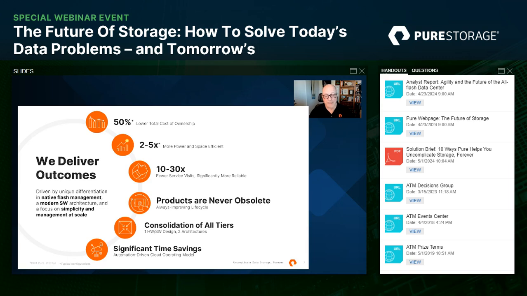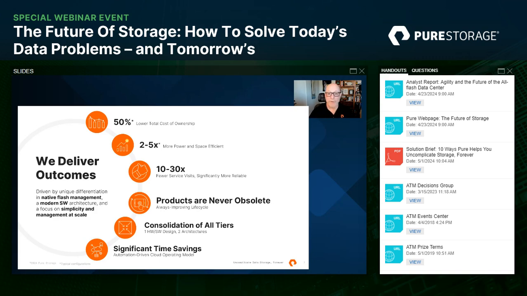A lot of the time, we've seen up to 60% lower TCO, and that is against whatever the best and brightest and most legacy storage or even other point product out there might be able to do. The savings are significant. It is due to the simplicity.